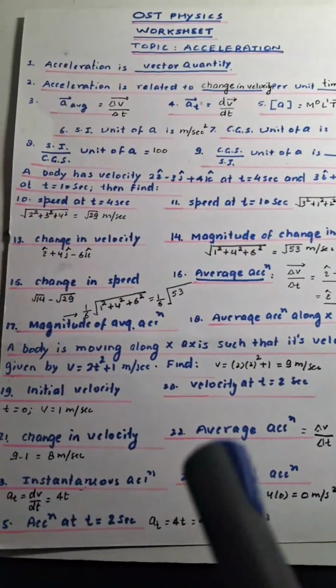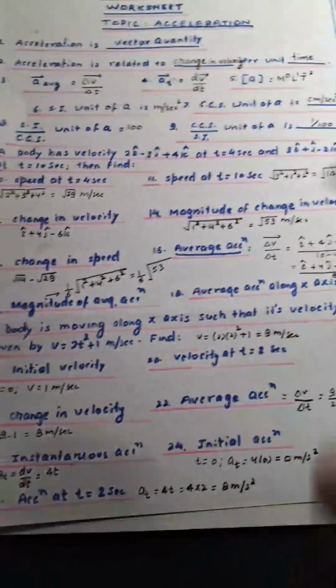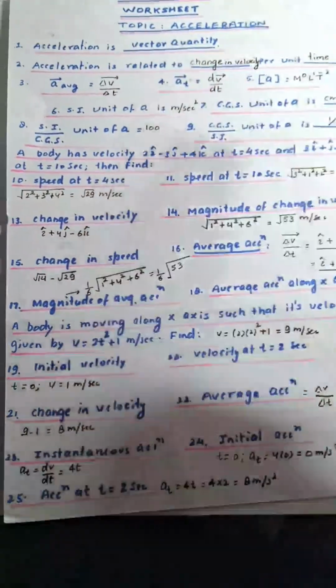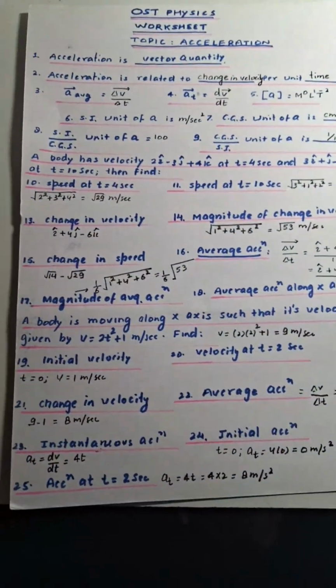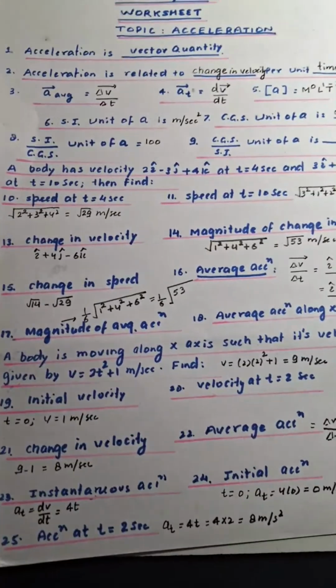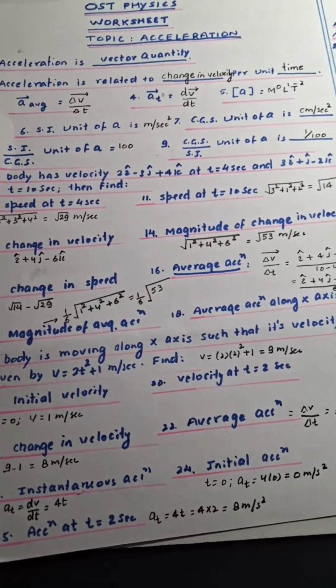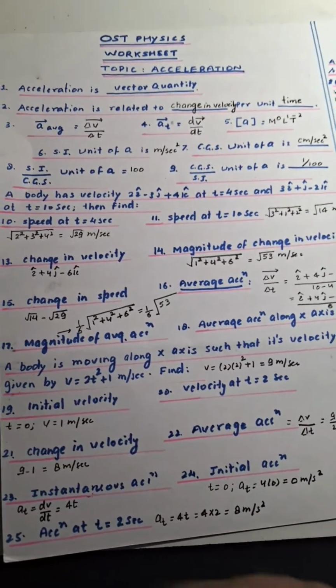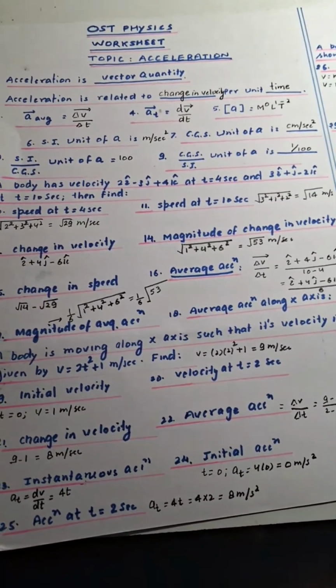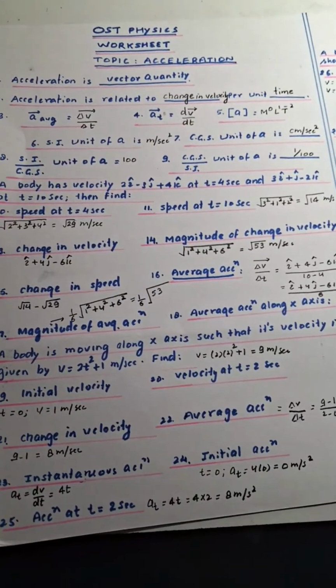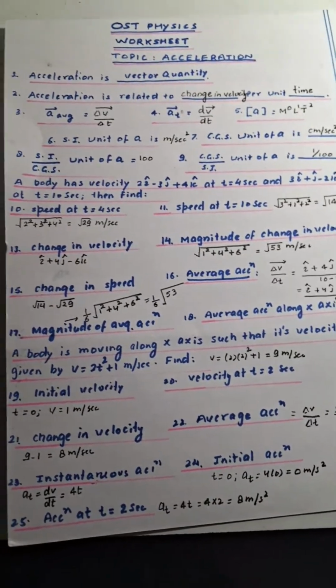So here the first thing is that acceleration is a vector quantity. As you must know, acceleration has a direction, and its direction is along the direction of change in velocity, whether we talk about instantaneous acceleration or average acceleration.